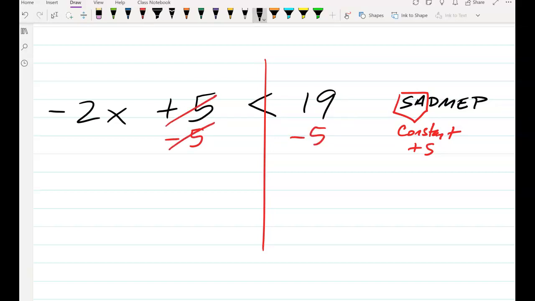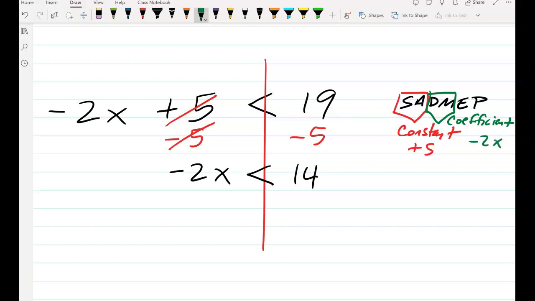Those two will cancel each other out, and I end up with negative 2x is less than 19 minus 5 is 14. All right, so now I have to undo the division or multiplication of any coefficient. Okay, so where's my coefficient? Let's see, I see negative 2x.